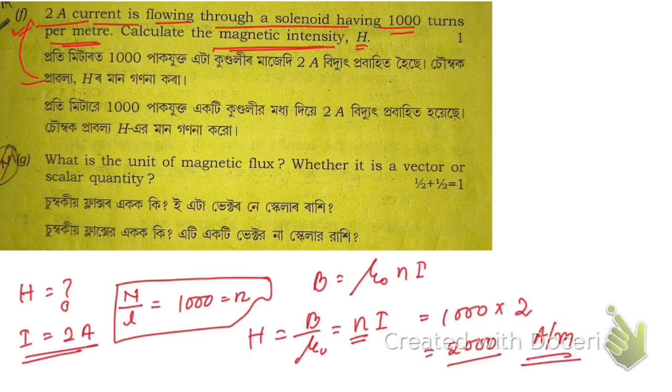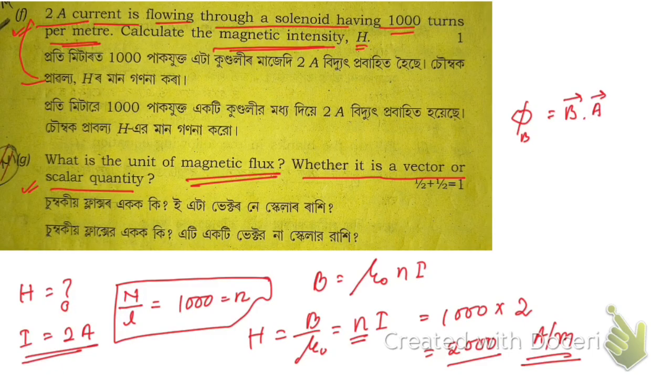Now let me answer this question. What is the unit of magnetic flux, and whether it is a vector or scalar quantity? We know that magnetic flux is given by B dot A, where A is the area vector.